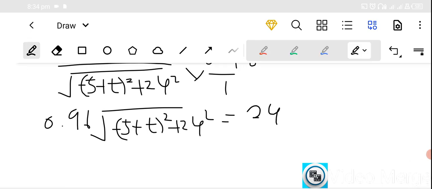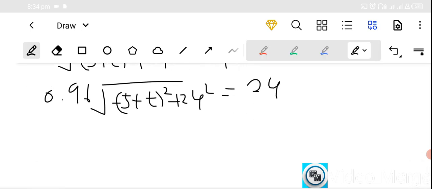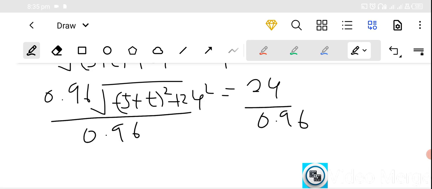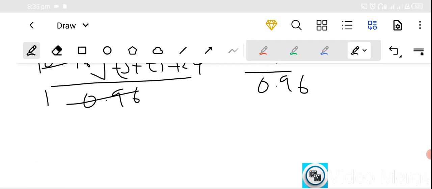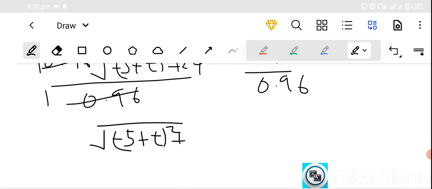So I didn't want to deliberately distribute this negative 0. Or rather the 0.96. So 0.96 divided by like that, you're going to have a 1 like that. So you're just going to make the square root of negative 5 plus 8t squared plus 24 squared.